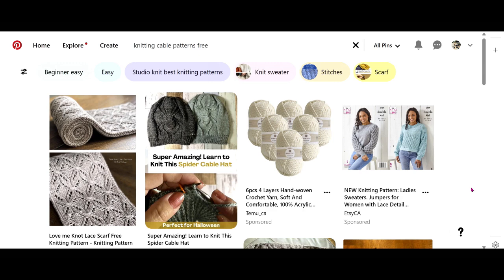Okay, and this is actually my Pinterest. And as you can see, there are lots and lots of free knitting patterns, right? And if you want to flip upside down, first of all you have to get a chart, okay? And if they only have the written pattern, but you really want it, you have to actually make the chart, okay?